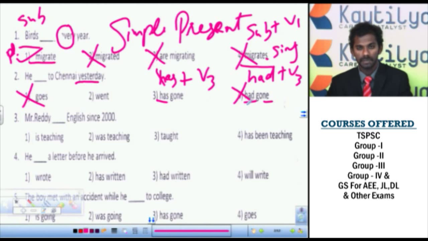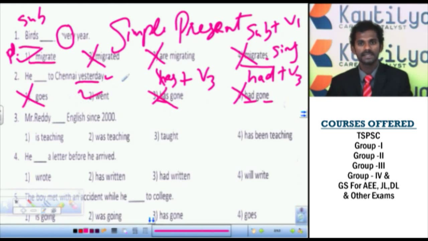Clear? Does the sentence tell us about the time of the action? Yes. The time of the action is talked about in the sentence, that is "yesterday." "Yesterday" is the time of the action, so present perfect cannot be used, eliminated. Now we have only one option left, that is 2, "went."